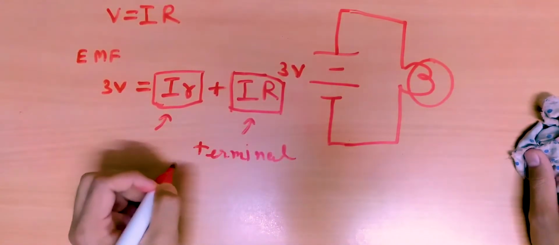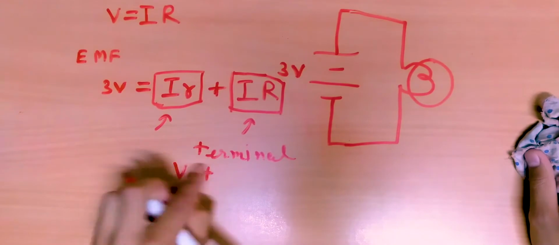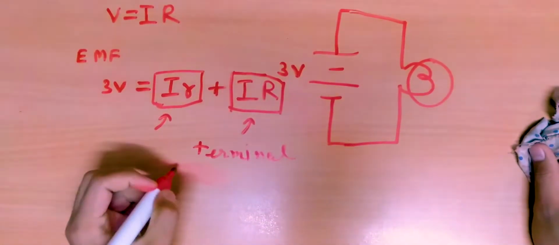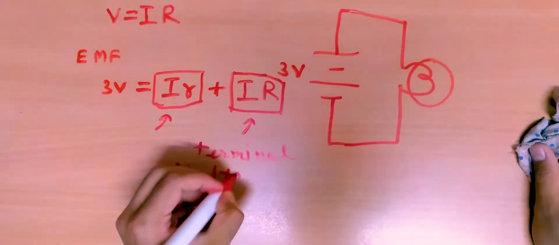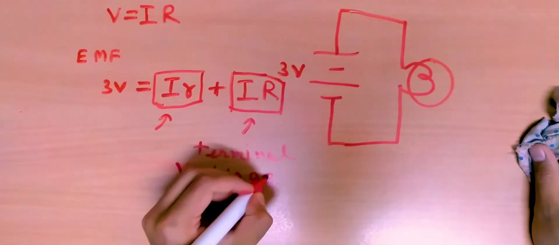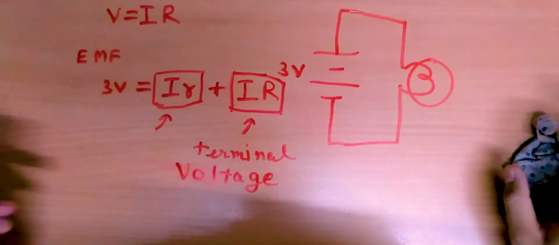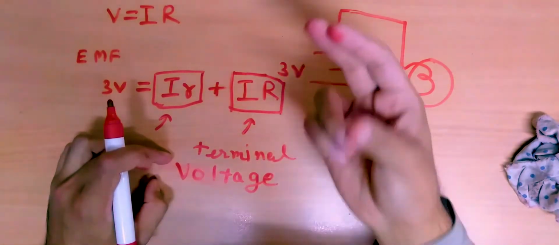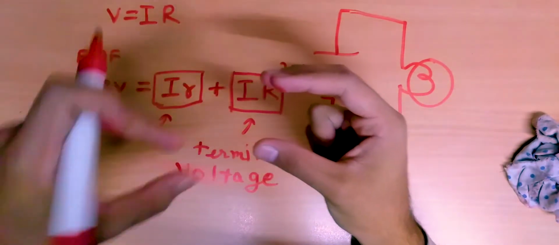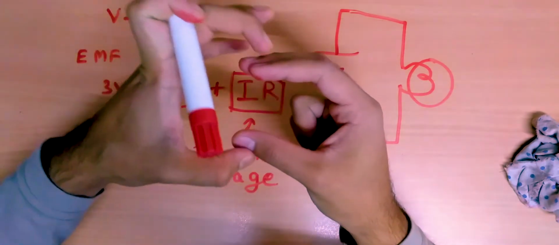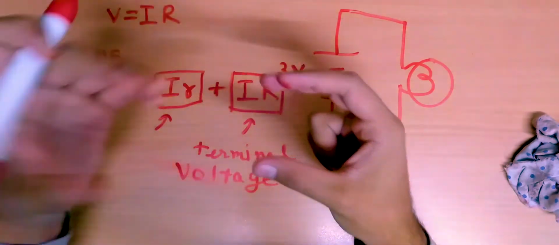Terminal voltage. I hope you can understand that, right? Why is it called a terminal voltage? Because the battery has 2 terminals, and this is the voltage that you get across the 2 terminals when you connect it to some circuit.